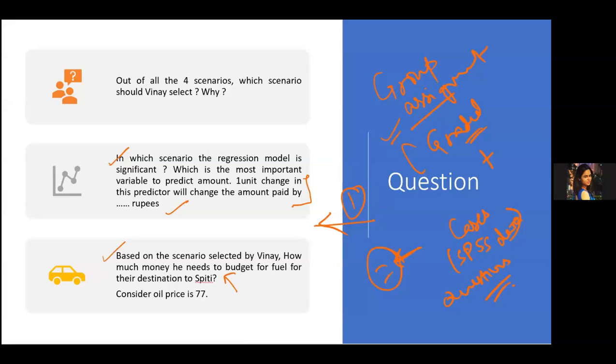Spiti, right? And how far is Spiti from here? Kilometers driven, 800. Yes. So now when you have the regression equation, you can plug in the number of kilometers driven, you can take oil price as 77, and whatever scenario you choose, you can then calculate the amount paid.